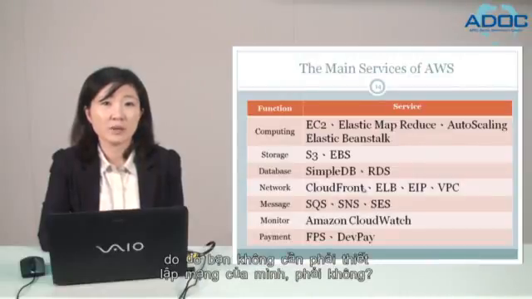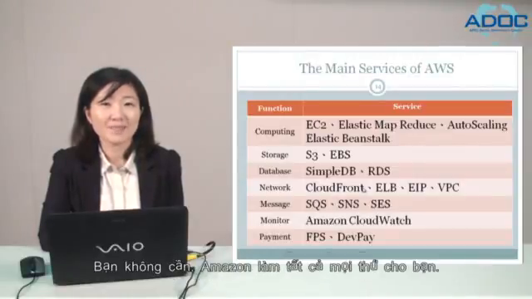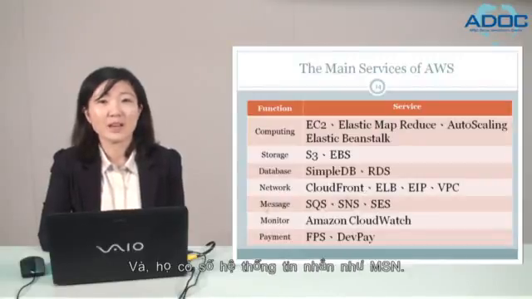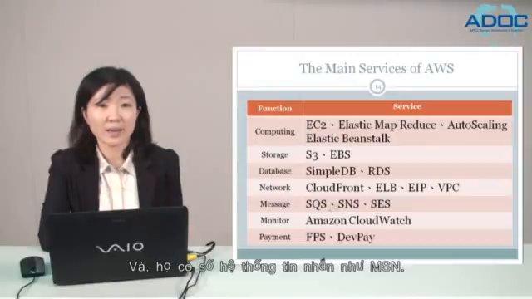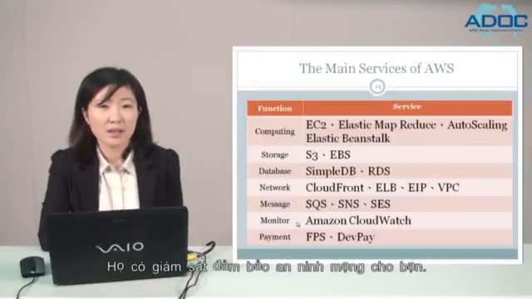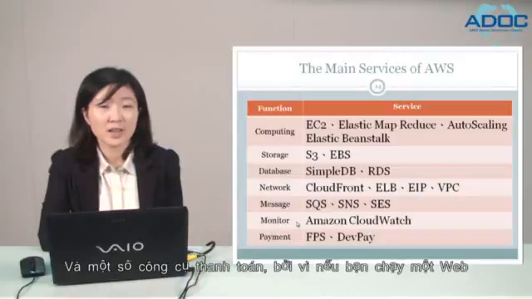So you don't need to set up the network by yourself, right? You don't need IT. Amazon does everything for you. And they have some message system like MSN. They have monitoring for your network security and some payment stuff.